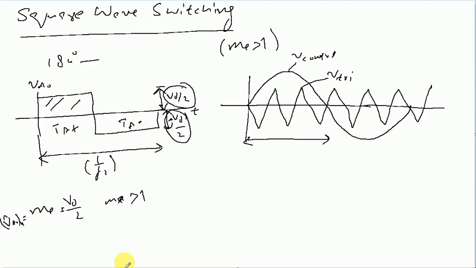The disadvantage is that in this particular case the square wave switching scheme is not at all capable of regulating the output voltage magnitude, because now it becomes independent of the relationship between the control and the triangular waveforms.